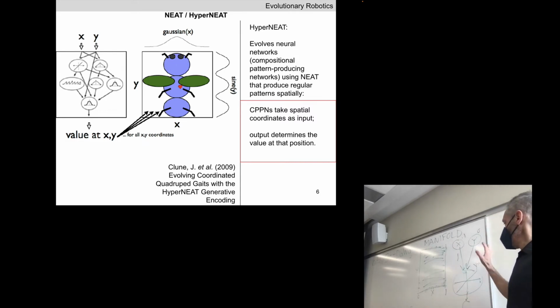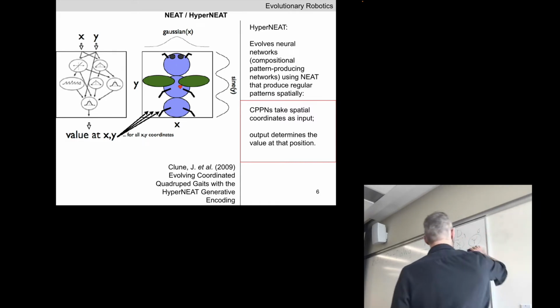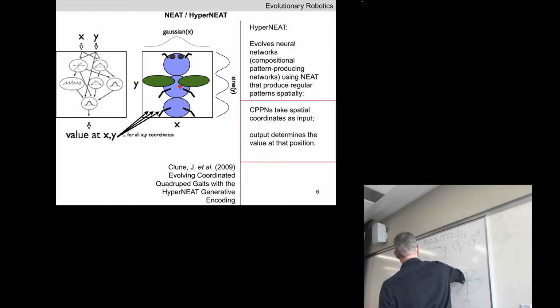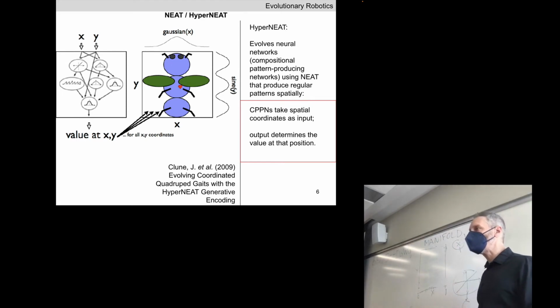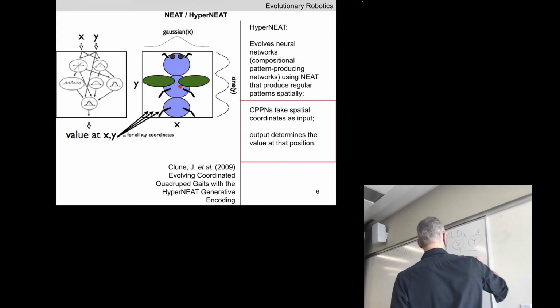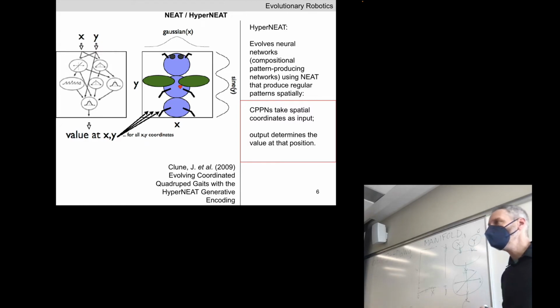Okay, let's do one more. One other distinguishing feature about CPPNs is not just how we feed values to the input layer, but the innards of the neurons themselves. In a CPPN, we can evolve not just the synaptic weights and the neural architecture, how many neurons and which neurons are connected to which other neurons with synapses.